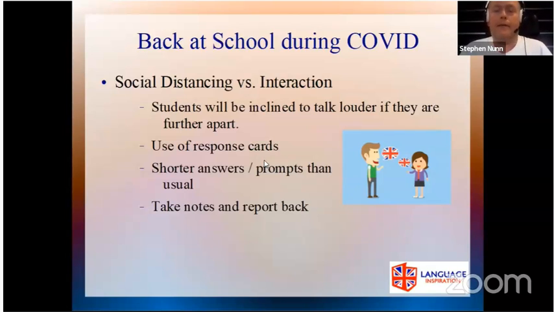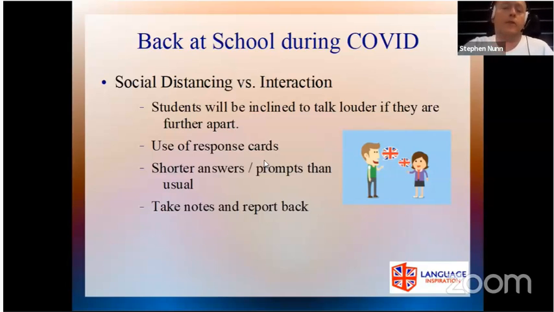Perhaps instead of a two-way conversation, from time to time we could use response cards, so connected with those cards that I mentioned before, or writing down answers on paper to show the other students could be used. Or we may need to encourage shorter answers or shorter prompts than usual, just to keep the noise level down and to make sure that both people in the pair can perhaps hear each other.